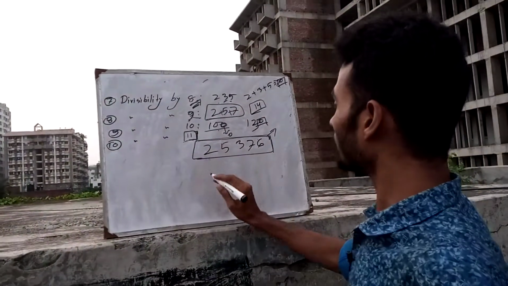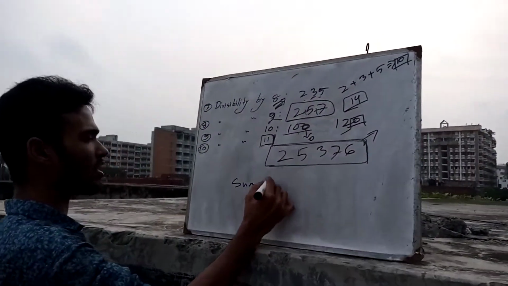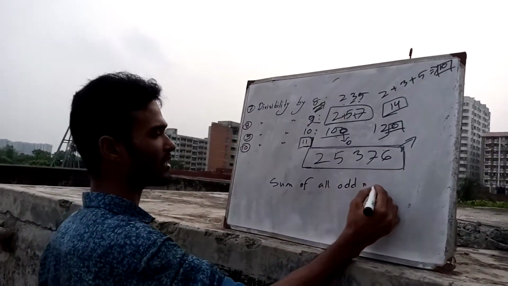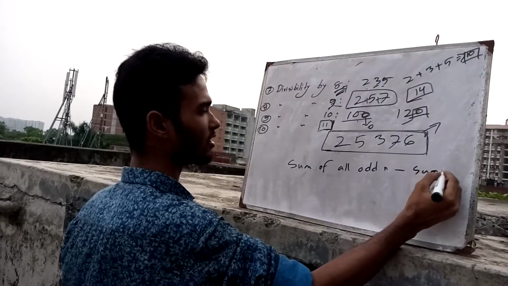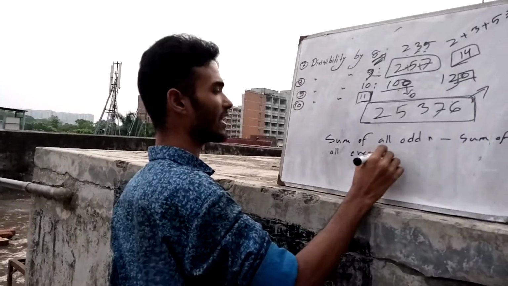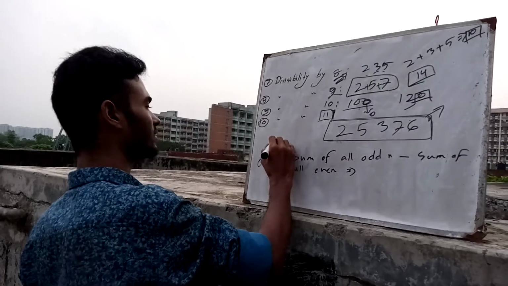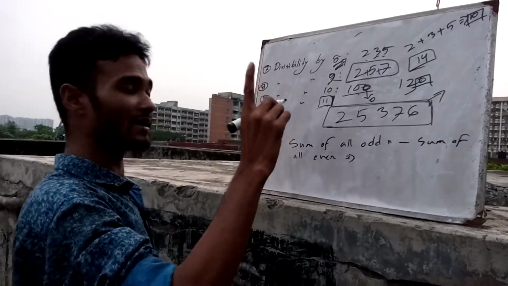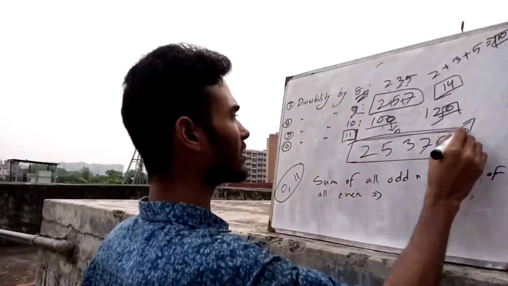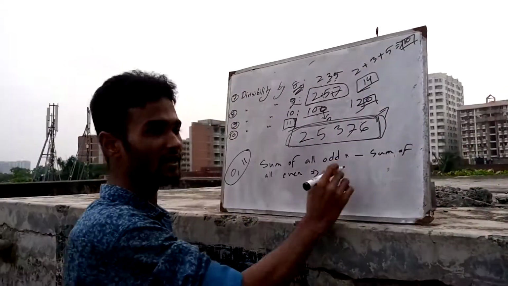The method is, we have to take the sum of all odd-place digits minus the sum of all even-place digits, and we have to look at the result. If the result is 0 or 11, then the number can be divided by 11. The number 25,376.